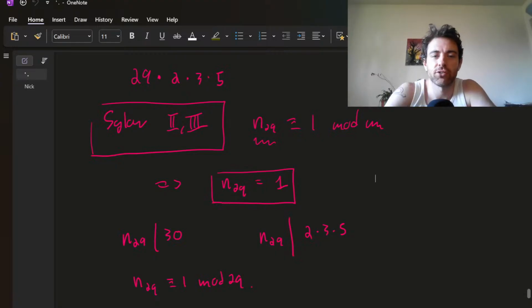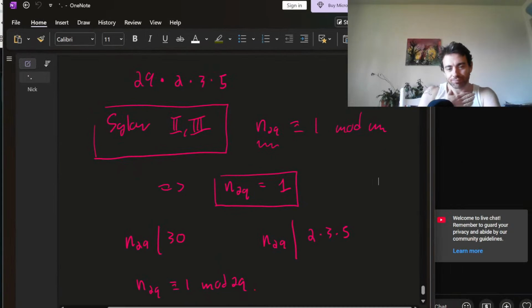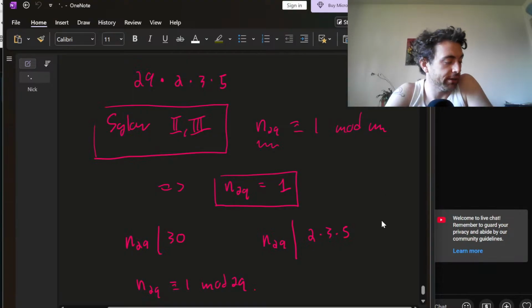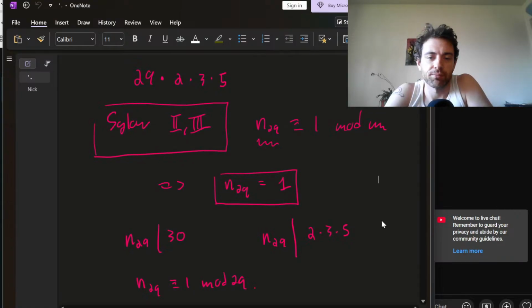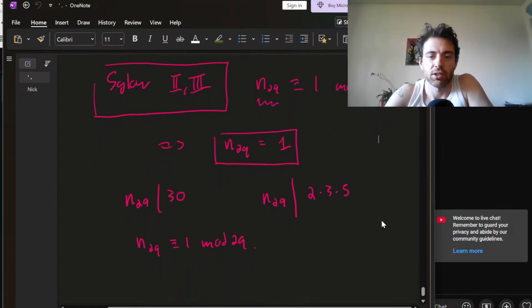And I realized yesterday I said that probably we would have to, one should look at the class equation, but actually I don't think that's the best way to solve it.